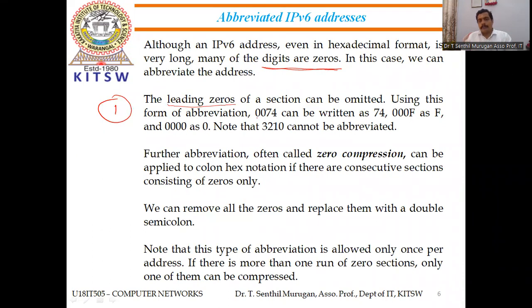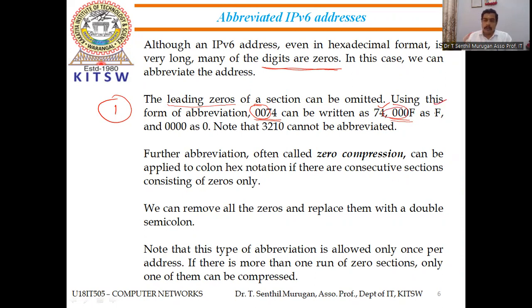For example, 0074 is there. We can omit these 2 zeros. We can write it as 74 only. Okay. So instead of 4 hexadecimal digits, we are using only 2 hexadecimal digits. So here also 000F is there. 3 zeros are leading zeros, so we are omitting them.